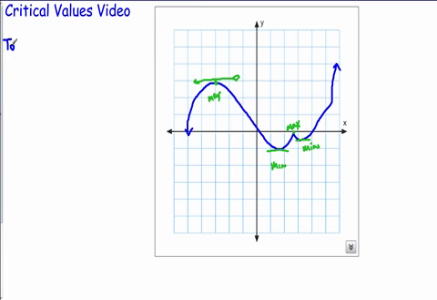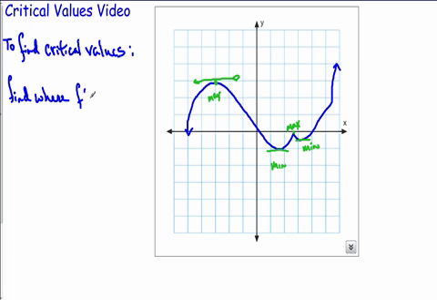Okay, to find critical values, all you do is find where f prime of x equals 0 or where f prime of x is undefined. Okay? So our critical values occur where the derivative is equal to 0 or where it is undefined.